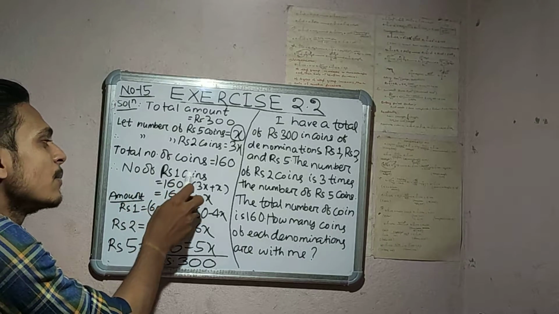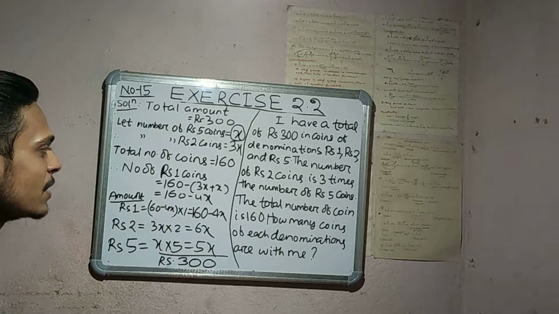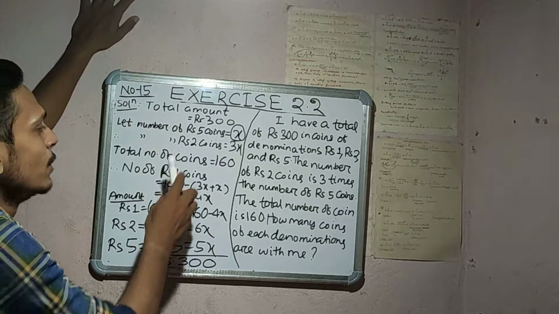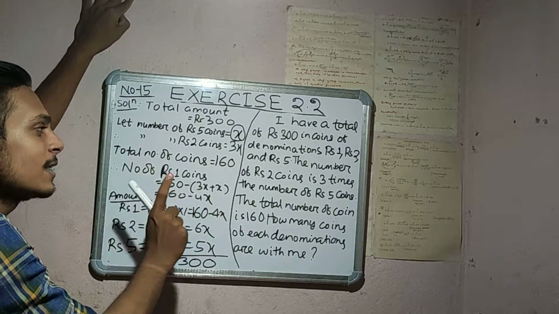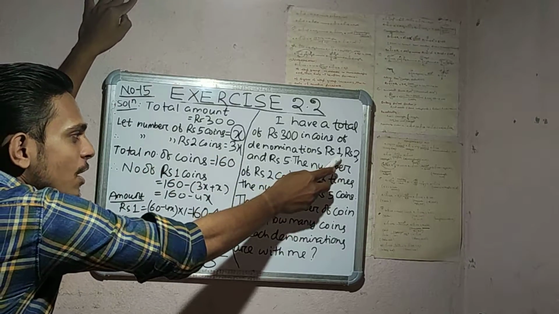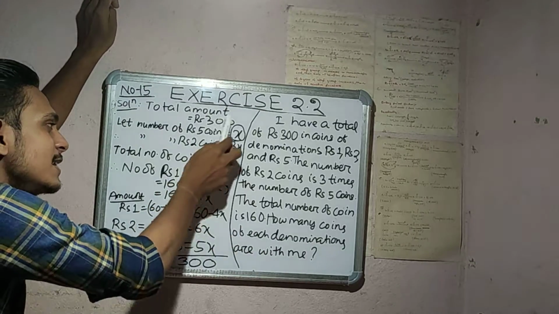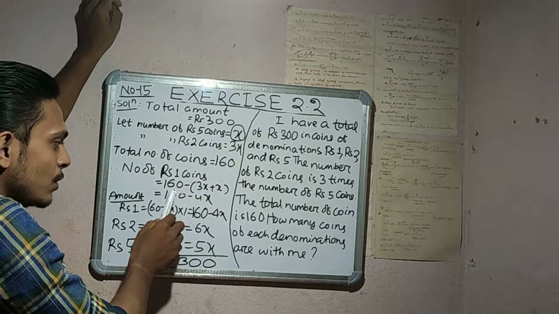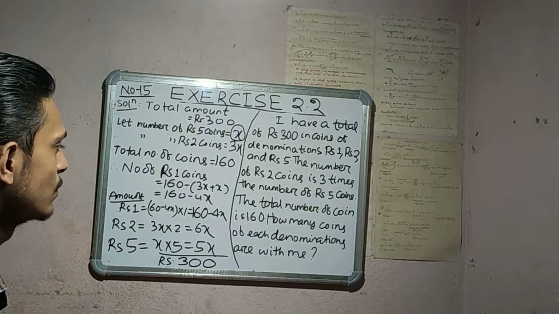So the number of 1 rupee coins will be 160 minus (3x plus x), because we have 5 rupee coins and 2 rupee coins, that is 3x plus x. The remaining denomination is 1 rupee coins, but the total number of coins is given, so we have to subtract this sum from 160. That is 160 minus 4x.